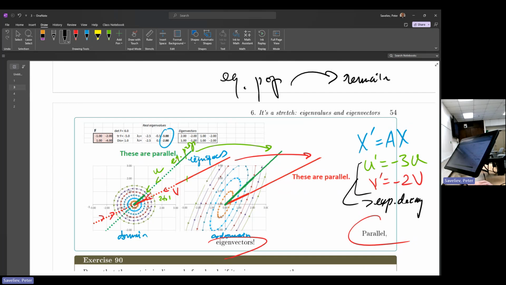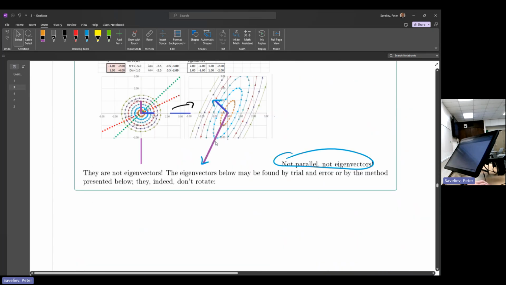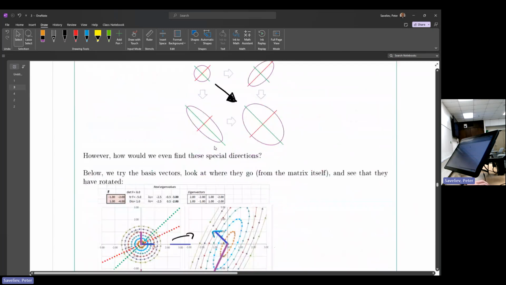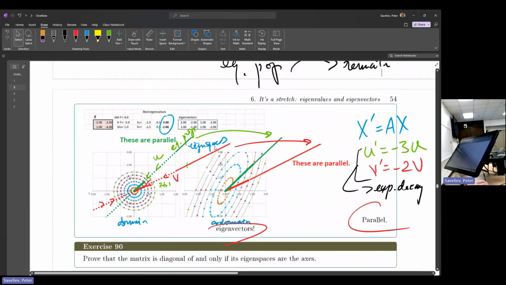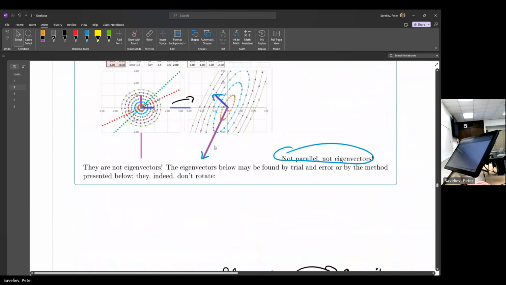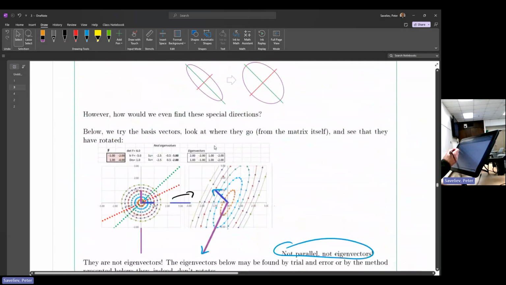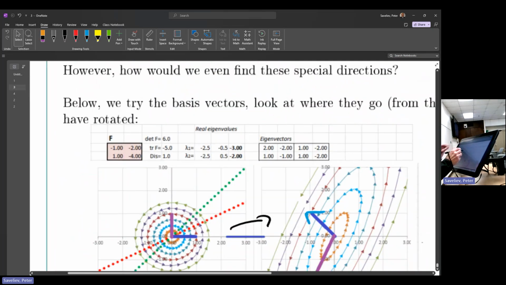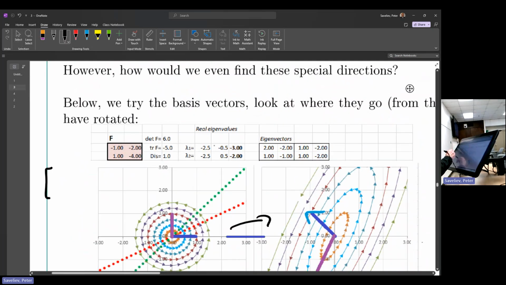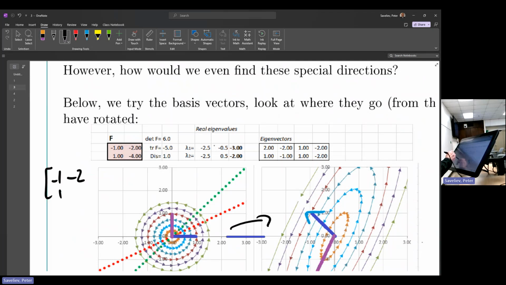So we find this particular special direction, which cannot be guessed from my matrix. Here's my matrix over here. It has numbers -1, -2, 1, and -4.